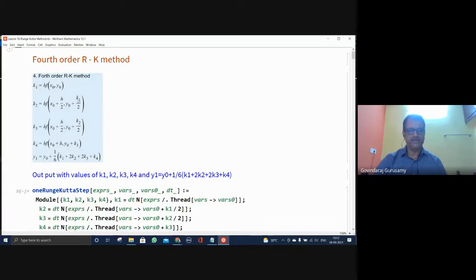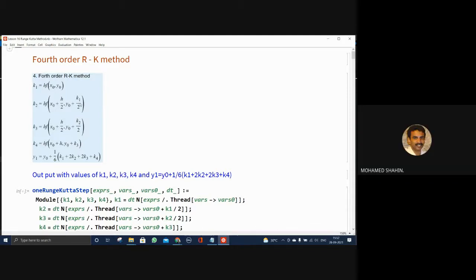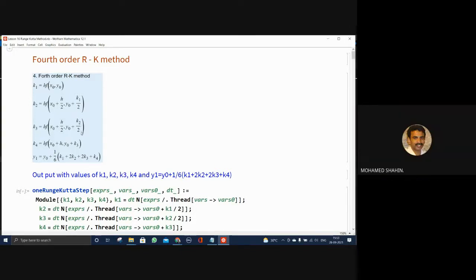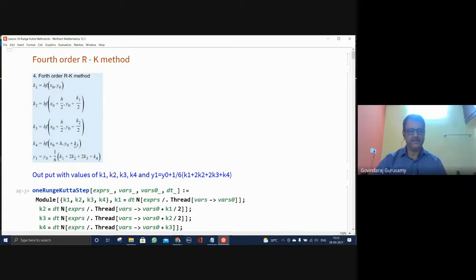This fellow comes and sits here. When you come here, this fellow comes and sits there. And here you have x0 plus H and y0 plus K3. So this is K2 and K3, linked with respect to K1 and K3, the last one.